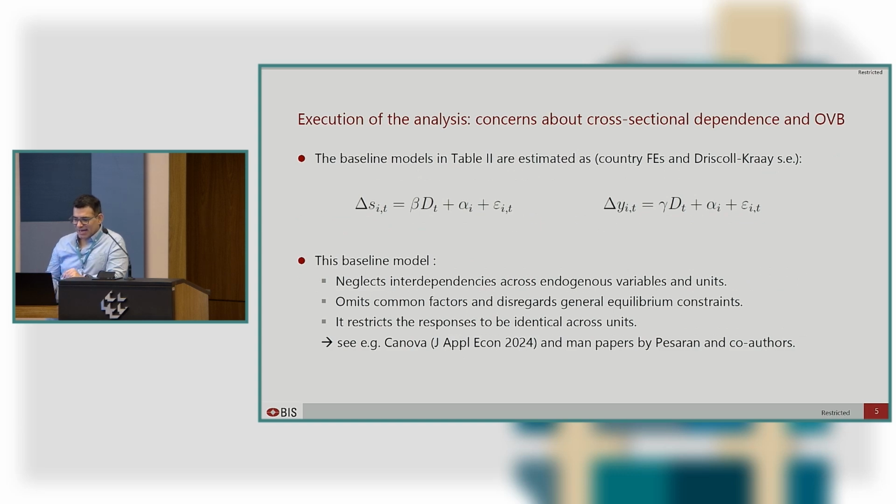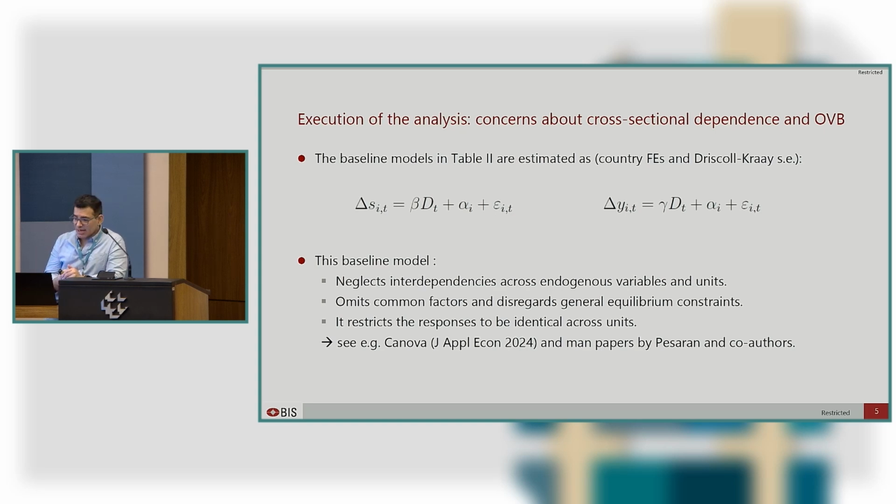On the execution of the analysis, my main concerns relate to the lack of concern about omitted variable bias and possible cross-sectional dependence in the data. The baseline models in the results in Table 2 of the paper, which are the graphs that he showed at the start of the presentation, basically only introduce country fixed effects as control variables.